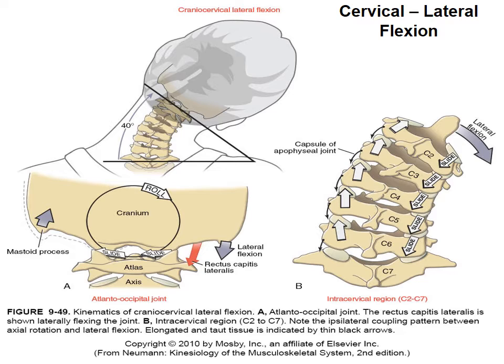And the remainder of the 30 to 35 degrees of lateral flexion is achieved through the Z joints of C2 down to C7, by allowing the ipsilateral side to slide inferiorly and posteriorly and the contralateral side to slide superiorly and anteriorly.